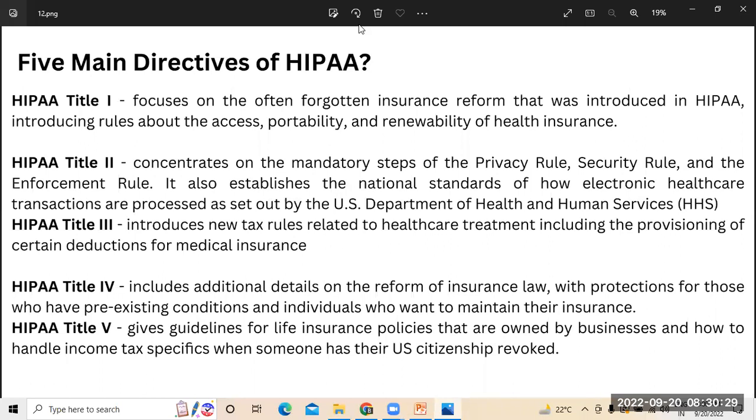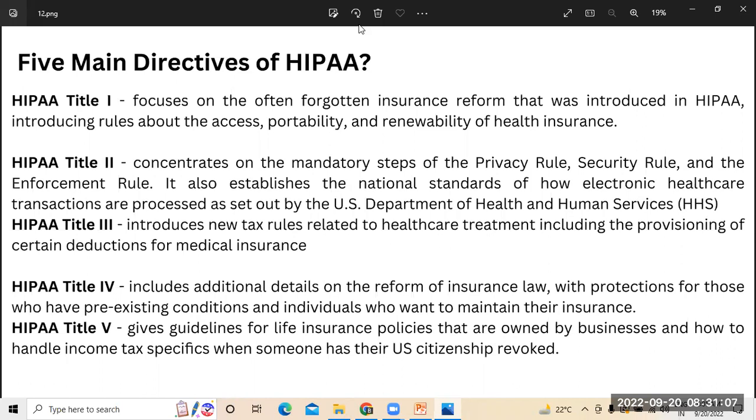At the same time, the HIPAA title 4 includes the additional details of the reform of the new insurance laws in protection to the pre-existing conditions we have, followed by the individuals who want to maintain their insurances. So all these things come under title 4.